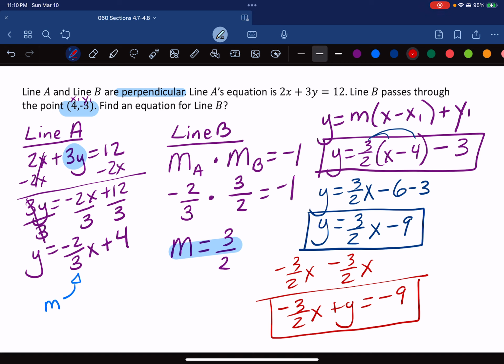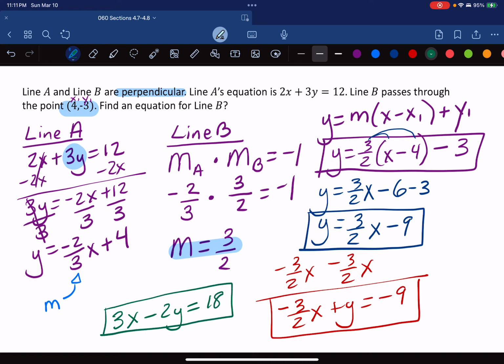And once again, if you wanted to leave this as a whole number, you could multiply everything by 2. And if you want to get rid of that negative, you could multiply everything by negative 2, which would give you 3x minus 2y equals 18.